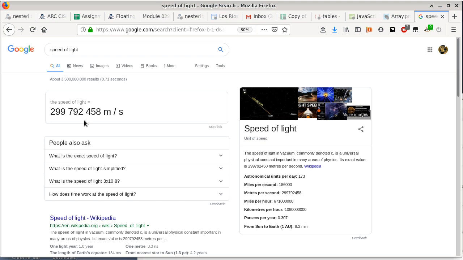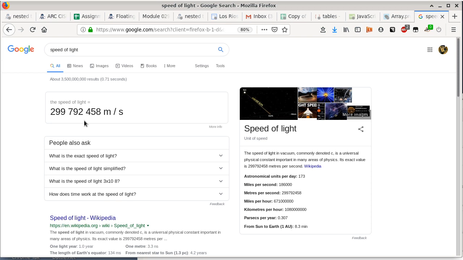So let's say you're in a science class, and you're required to use the speed of light to do some computation. In most classes, just to get an order of magnitude, it is probably good enough to say this is 2.998 and then some units of speed. Is that okay? All right.